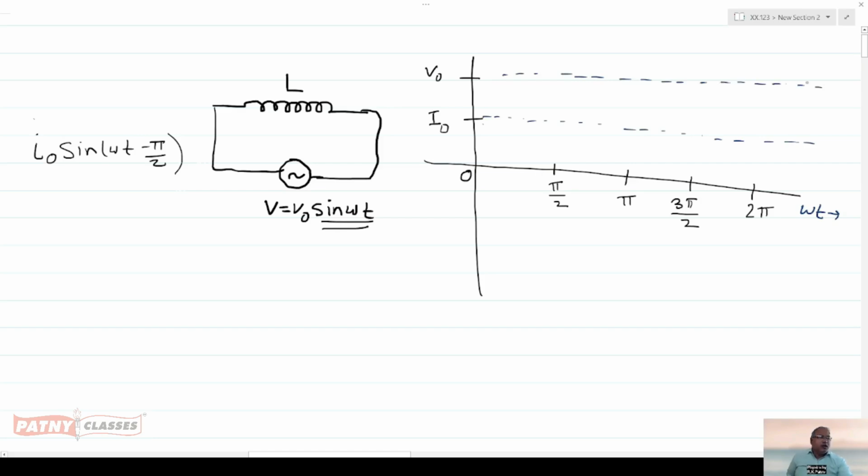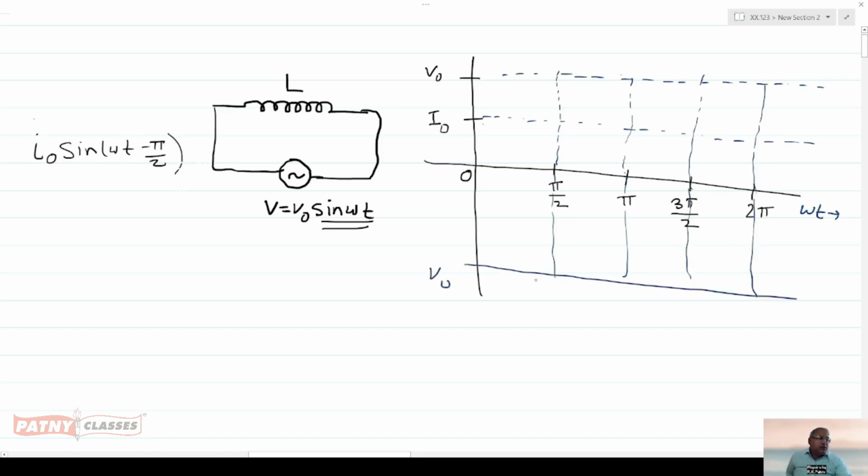We need to draw the waveform diagram. The expression for the voltage is V equals V naught sin omega t, so it is a regular diagram. First of all, plot this for pi by 2, for pi, for 3 pi by 2, and for 2 pi like this. Even in the downward direction, let us take this as V naught.